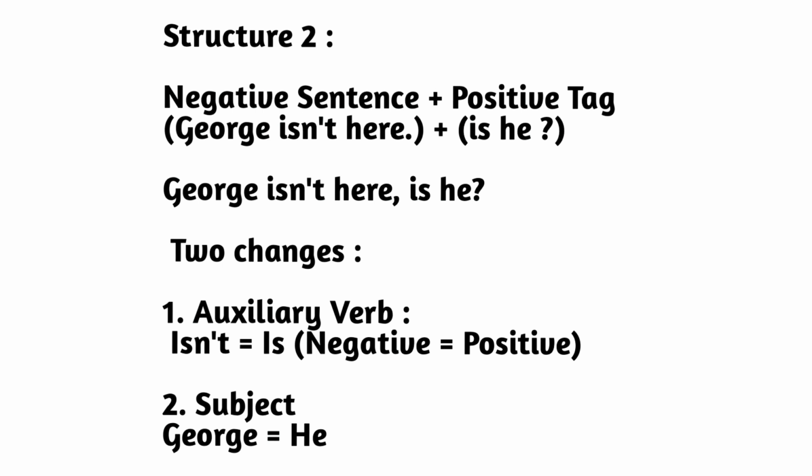You can see two changes to frame a tag question. Number 1, the auxiliary verb isn't is converted to is. Number 2, the subject George is converted to he.